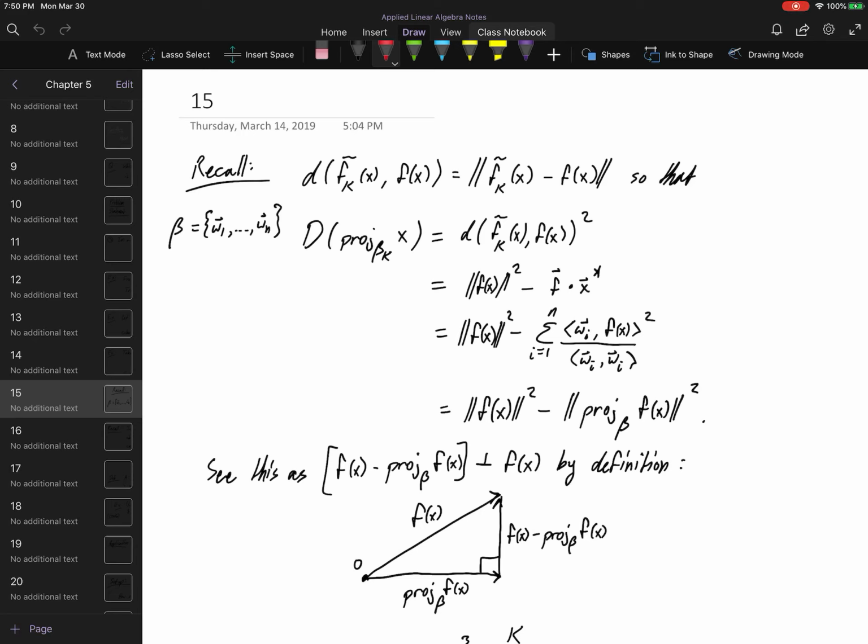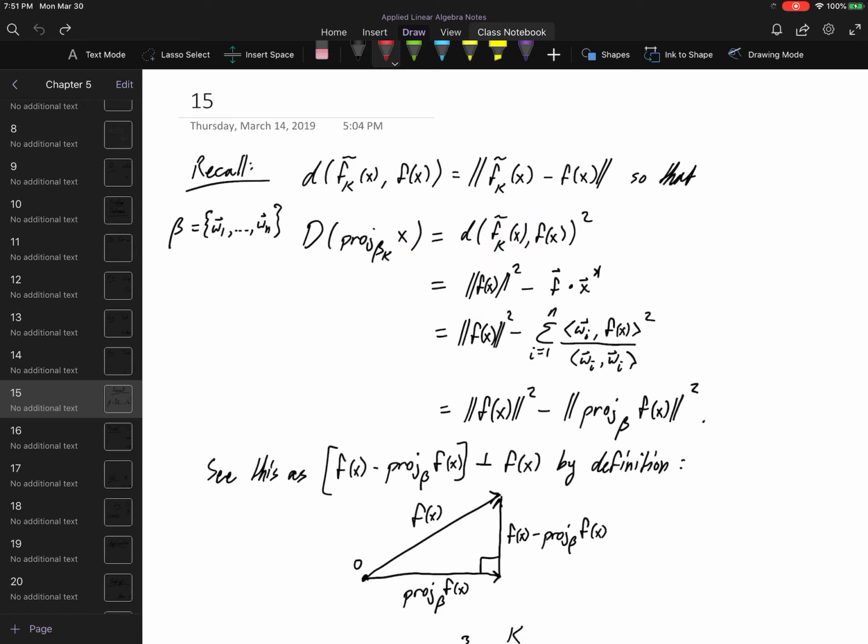But the point is that I would like to figure out what is that minimum distance between f tilde k and f, right? So f tilde k being the projection of f onto this subspace beta k. In the context of the previous problem, I am projecting x onto beta k, and that produces a function f tilde k.